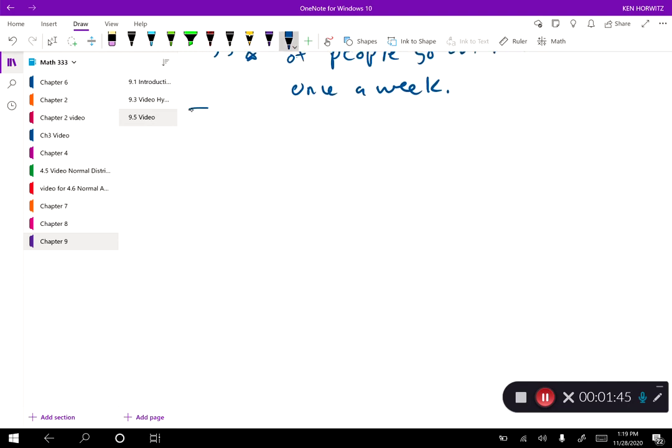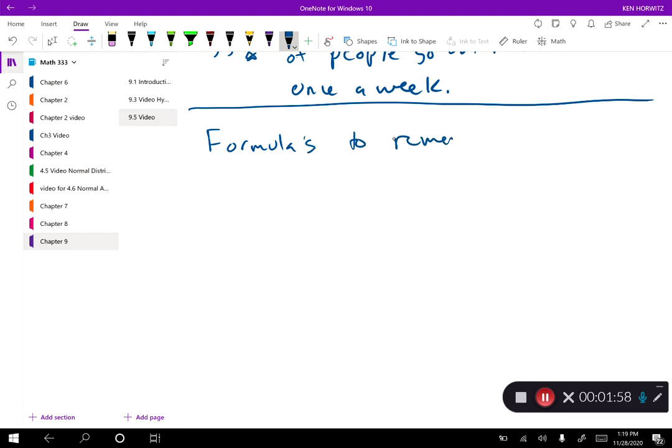All right. So we've got to remember a few things about our proportions. The first is formulas to remember. And these were previously learned. The first is that mu equals n times p.